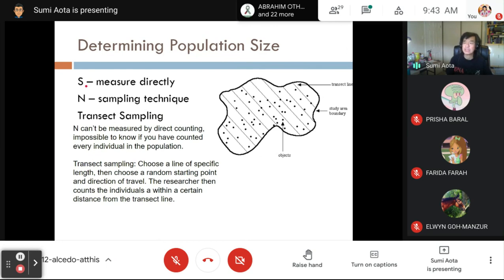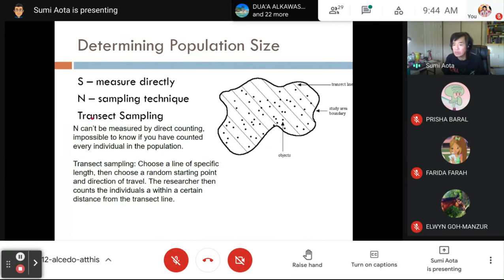But generally, for most populations, because of the way they're actually distributed, you have to estimate it. And if you're estimating a population, then you use the term N. And there are different ways to determine population size.